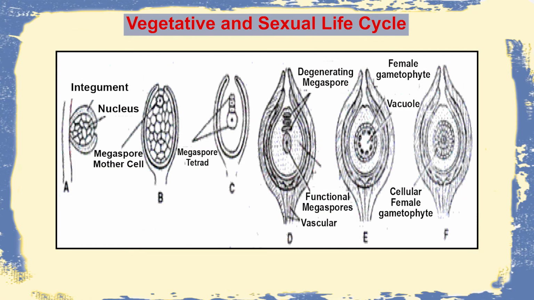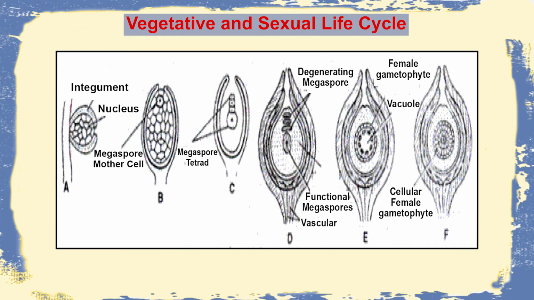Coming to the development of the megaspore, actually the megaspore mother cells develop inside, and then there is the formation of the tetrad, out of which 3 will degenerate, 1 will produce the functional megaspore or the functional female gametophyte.